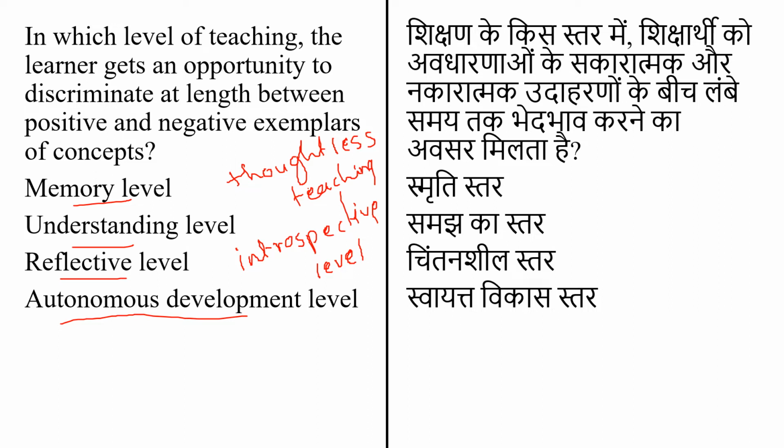And the last one is the autonomous development level. Autonomous means the ability to take control of one's own learning. An autonomous learner will take more responsibility for learning and is likely to be more effective than a learner who is reliant on the teacher.